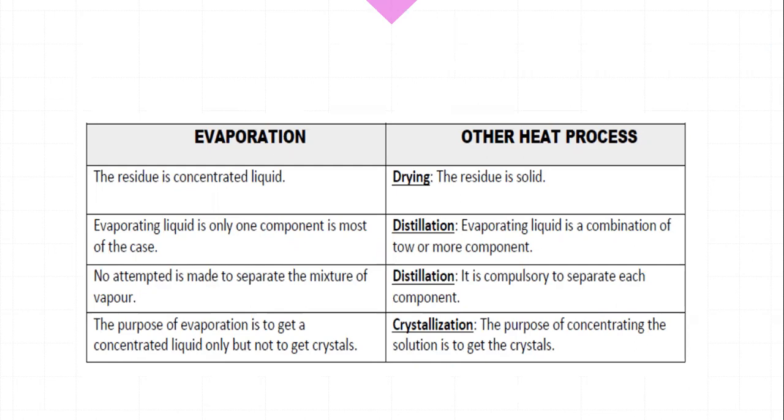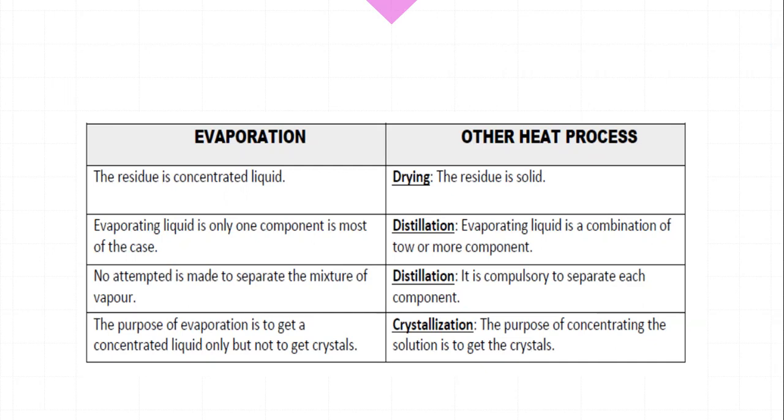In most cases, the evaporating liquid is only one component, while in distillation the evaporating liquid is a combination of two or more components. Usually in evaporation, the evaporation is done for a single liquid, but in distillation it can be done with two or more components.